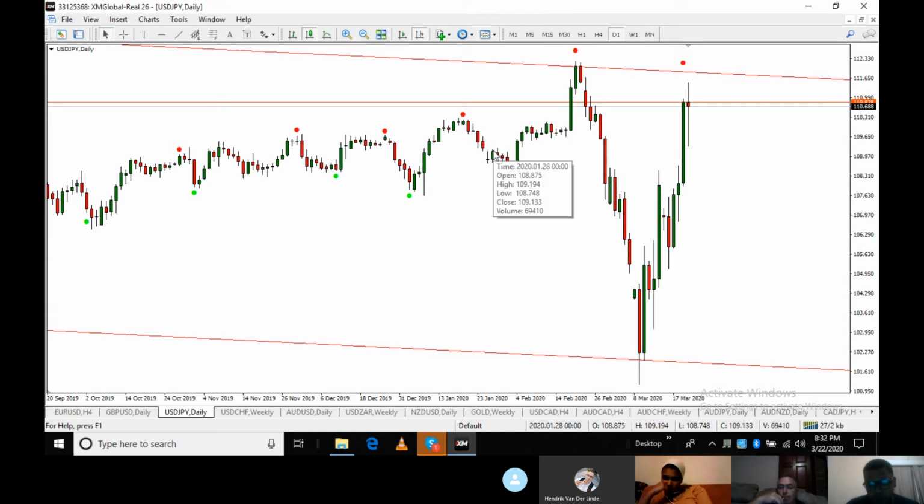But after that, you see an inverted hammer, where price ran to the bottom and rejected to the upside. That tells you exhaustion within the downtrend is there, and price will be moving upwards now.